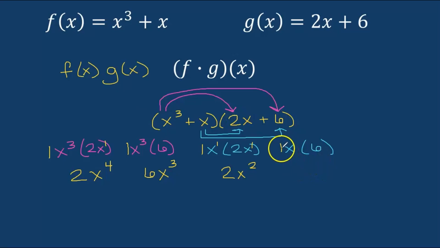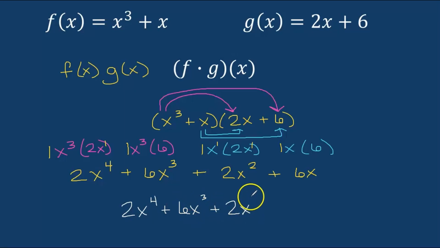There's an invisible 1 here, and 1 times 6 is 6, and there's a single x here, so it's 6x. Now, the cool thing about this is it ended up having no like terms that need to be combined. So our final answer is 2x to the 4th plus 6x cubed plus 2x squared plus 6x.